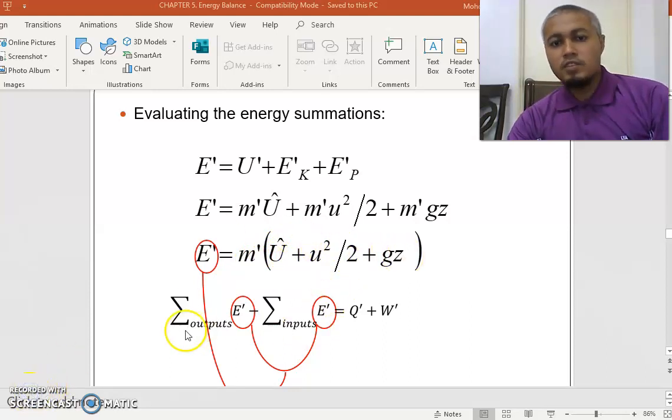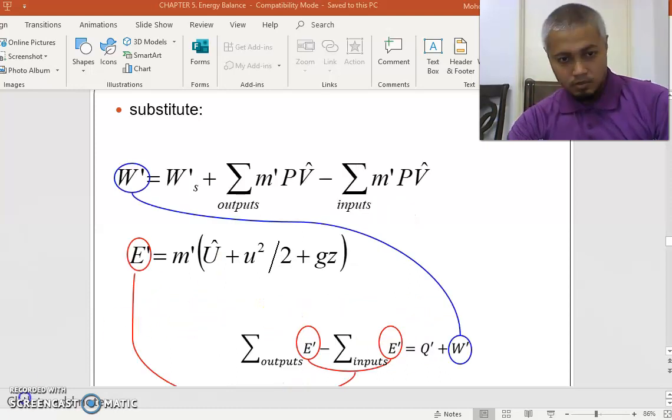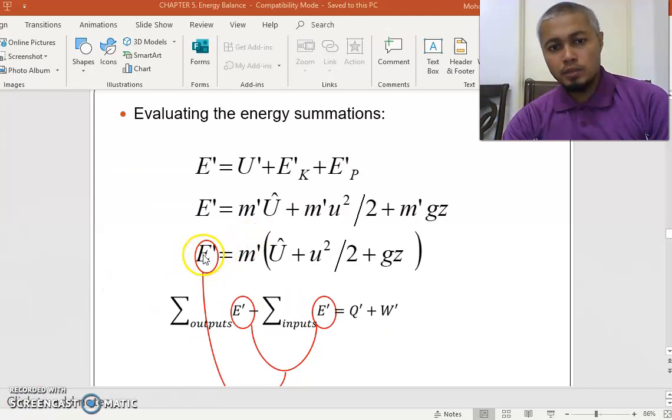And from the previous slide, we already have this formula where E output minus E input equals Q plus W. Initially, the input is on the right hand side. Then we move to the left hand side. Then it will become like this. Later on, we are going to substitute this whole term, which is the term for E, inside this equation.